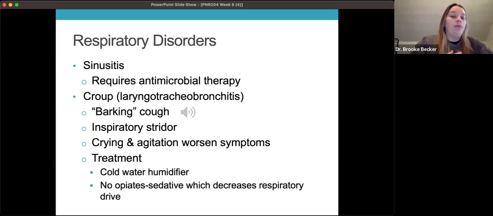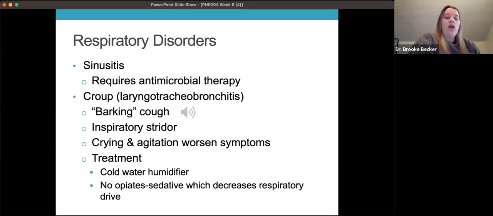So if they're crying, if they're agitated with any respiratory stuff, obviously their respiratory status is going to look worse, okay? But you're going to hear more stridor, okay? So treatment for croup, it's typically something that happens after a virus, so there's not an antibiotic for it. However, there are steroids that you can do for it. There's also inhaled epinephrine, so racemic epi is something that you'll see providers do for kids who are pretty sick with croup.